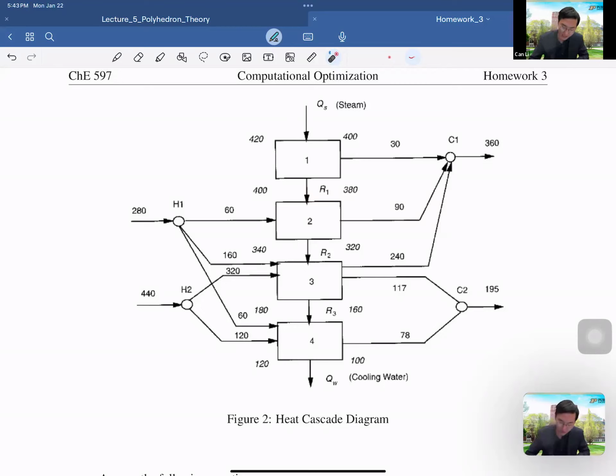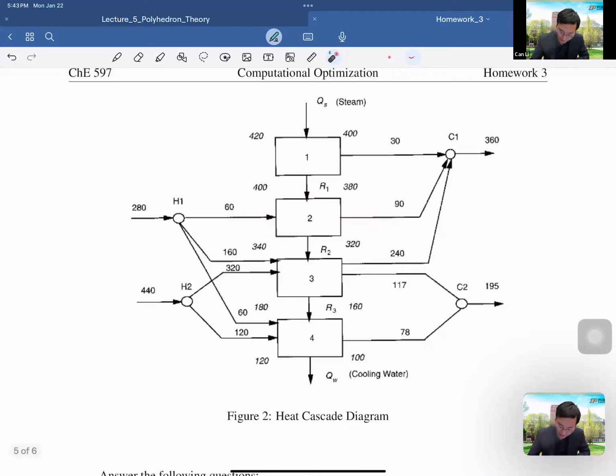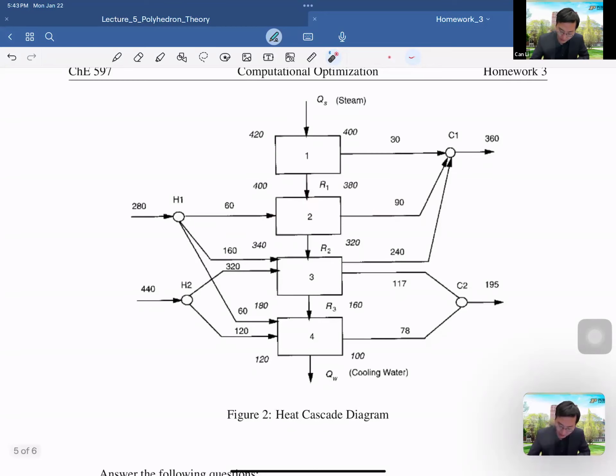Okay, so with that, you can do a balance, meaning that the input from the hot stream and the residual heat has to be equal to the heat out of the interval. Okay, that's essentially the idea of this homework problem.